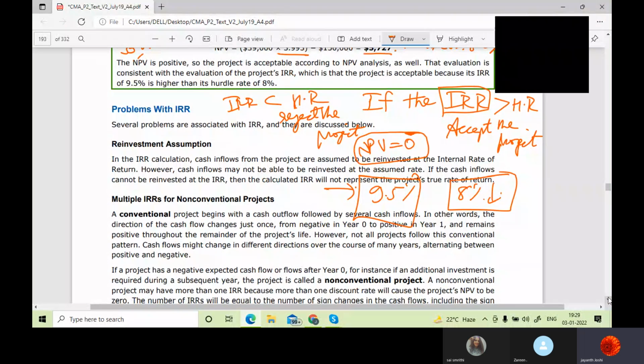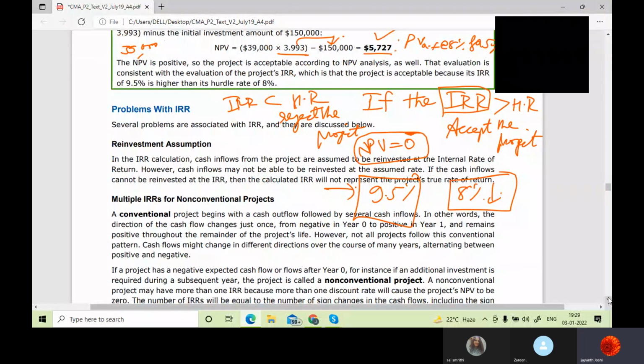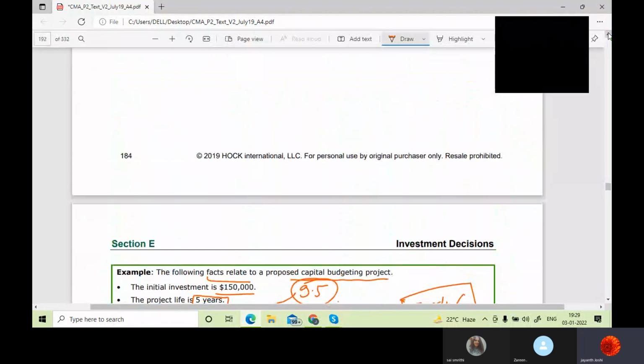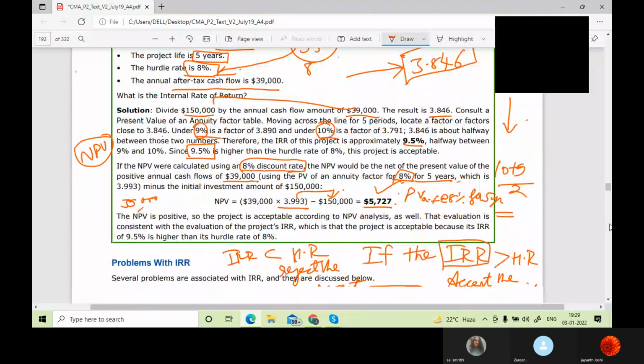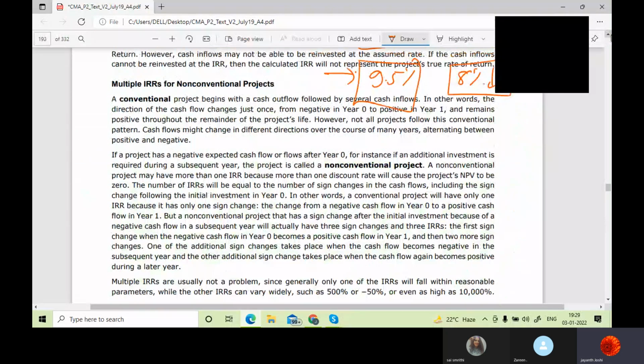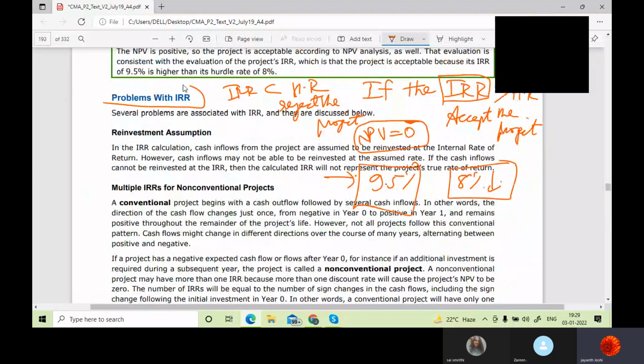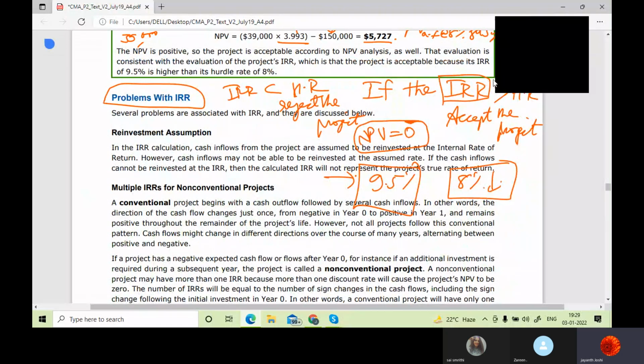Now, see some issues with the IRR method. Let us check. Problems with IRR. So, reinvestment assumption.